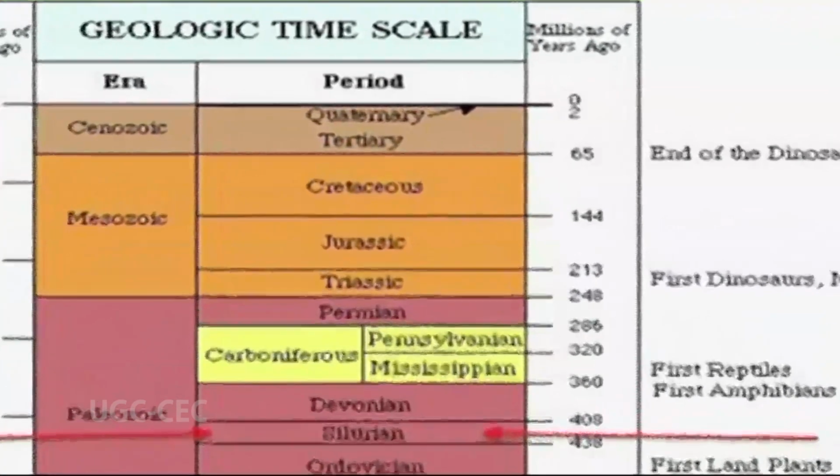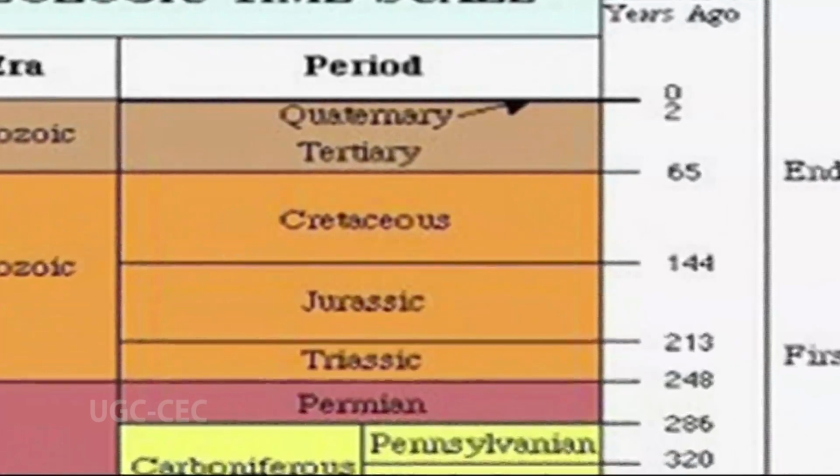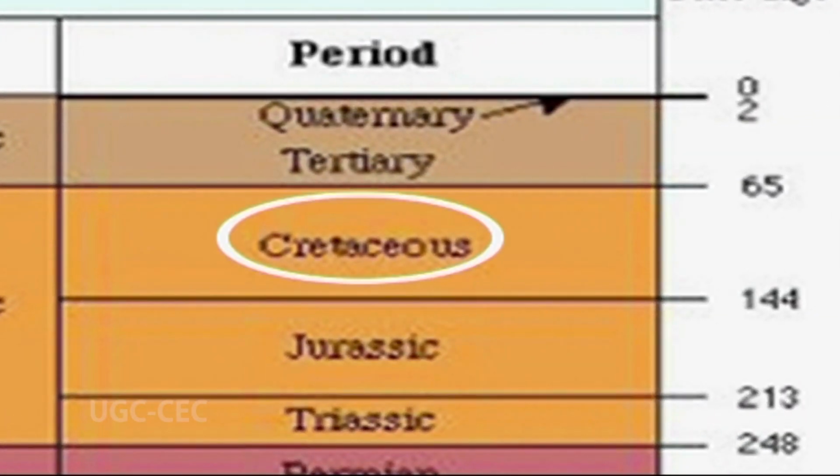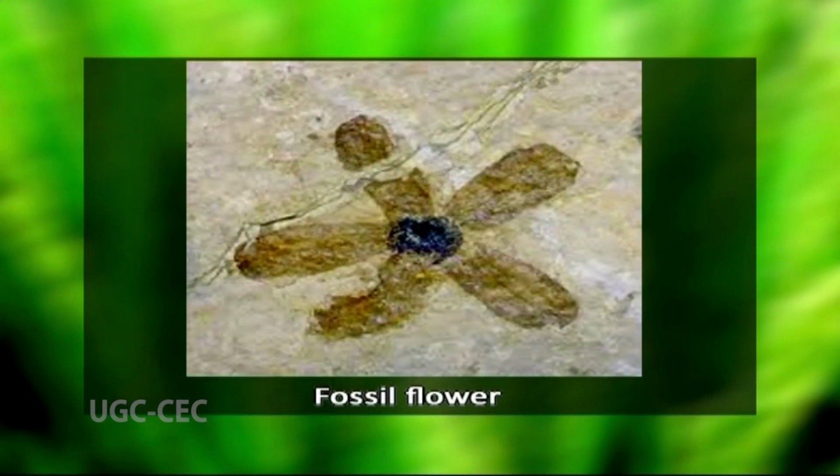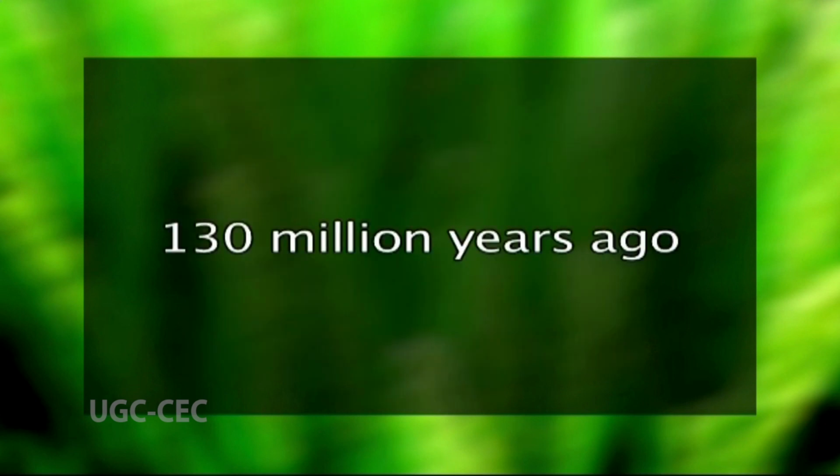It is a geological period roundabout 140 million years ago. The flower, which is the most distinguishing feature of angiosperms, dates back slightly later in the fossil record, that is about 130 million years ago.